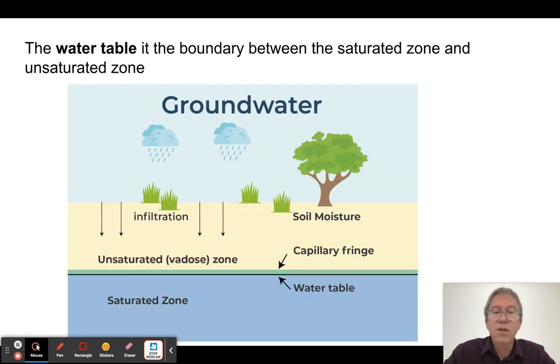Now, the water table is a term we use to refer to the boundary between these two zones. Infiltration happens as water moves down through the unsaturated zone, and the water moves parallel to the ground surface when we get into the saturated zone. And the boundary between these two is called the water table. And we'll find this water table can move up and down depending on rates of infiltration and flow out of the saturated zone.